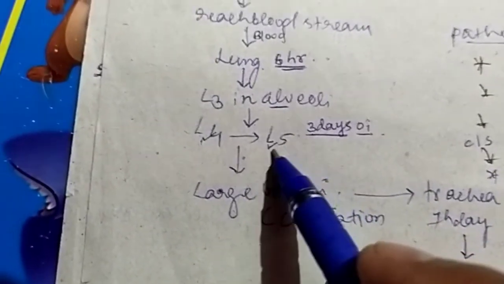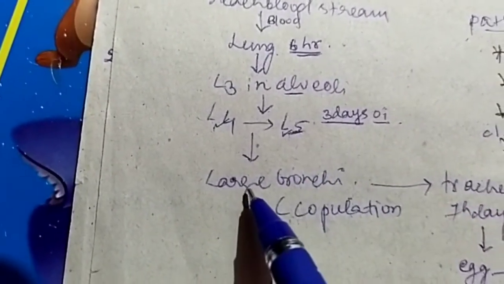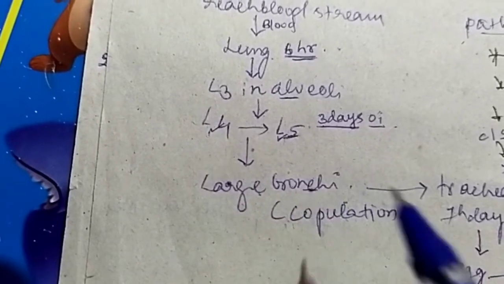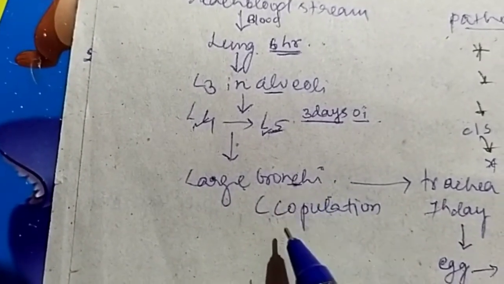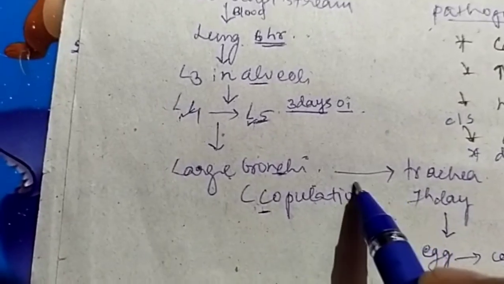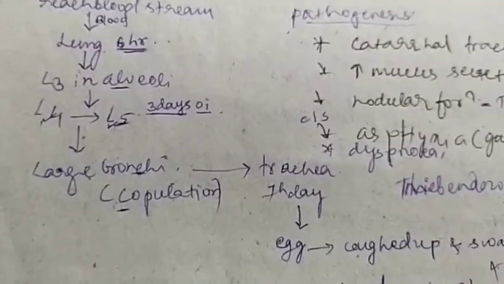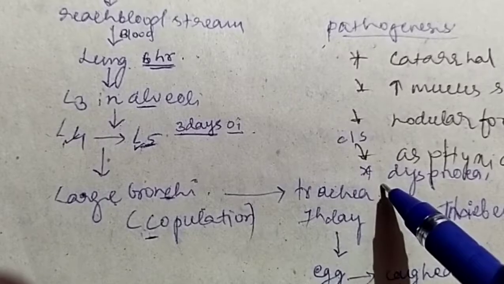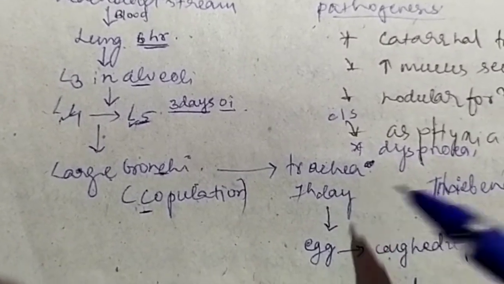Now the L5 larva will reach the large bronchi, where the male and female will copulate, and then the female will reach the trachea by the end of the 7th day.